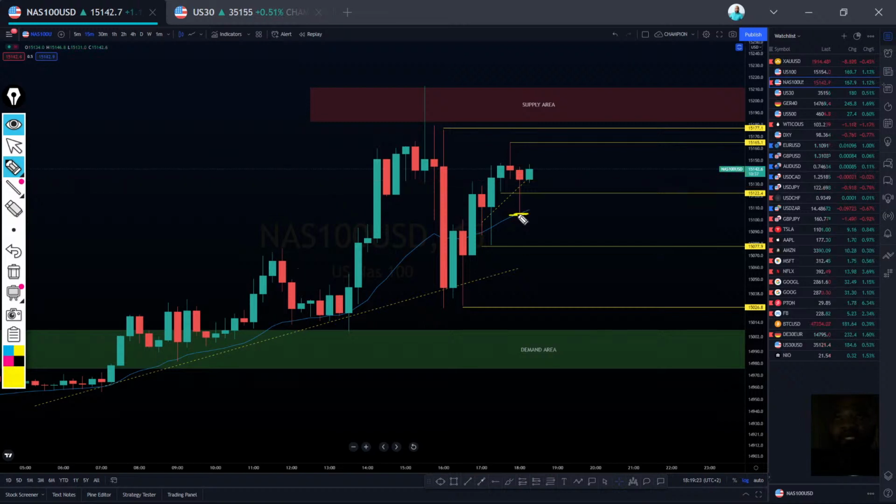As the sellers pushed towards the downside, they reached this area, and now the buyers came in to push it towards the upside. As you can see, the next candlestick is also bullish. The buyers are busy pushing towards the upside. We just have to wait and see where it closes.